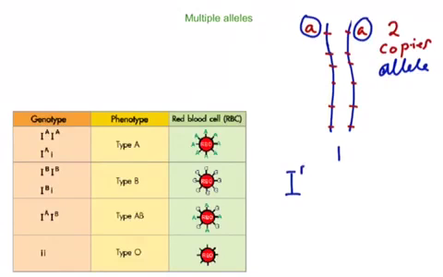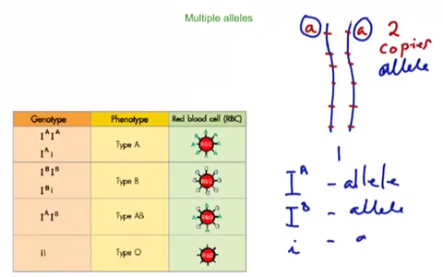There's the I big A allele, which determines one of the proteins on blood cells. There's an I big B allele, which determines a different kind of protein on blood cells. And there's a little i allele, which determines another circumstance to do with the blood cells. So in the human population, all 3 alleles are present.